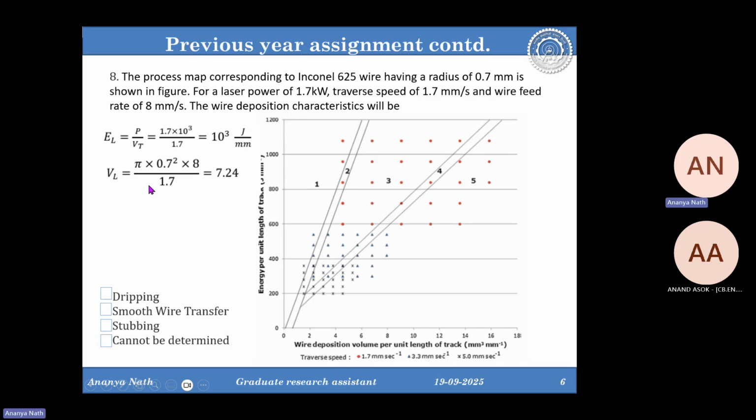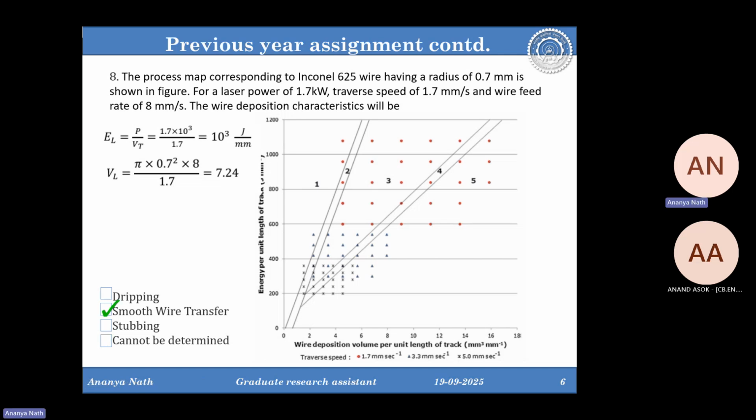Now VL, the wire feed rate with respect to the length, is given by this formula, pi r squared into 8 mm per second wire feed rate divided by 1.7, the traverse speed, which gives 7.24.